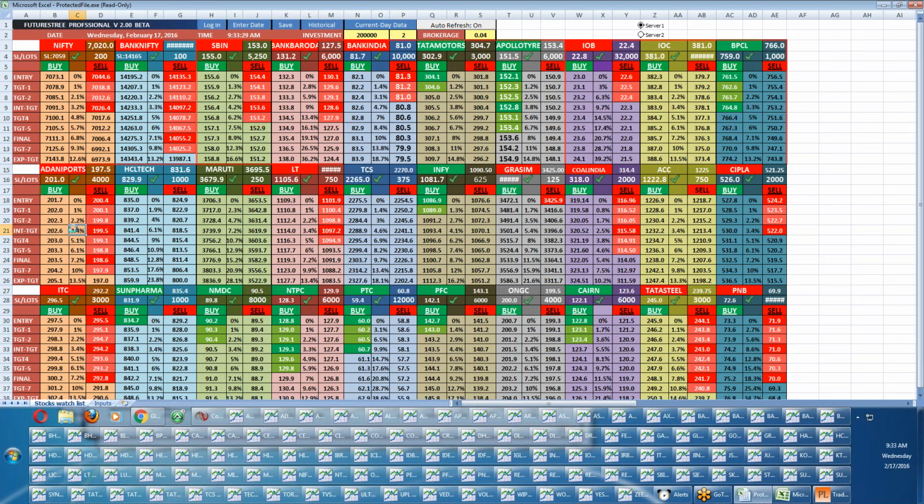So in that case, it will not be 3%, it will be much more than that. So you can exit here, or you can just put your trailing stop loss at target one and wait till it makes all its targets or it hits the stop loss. So it's very simple.